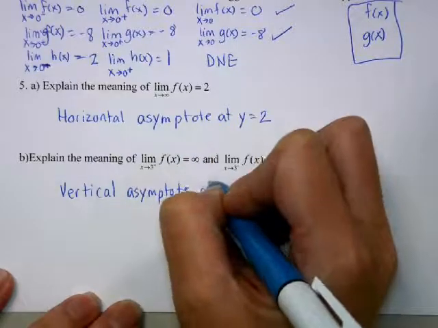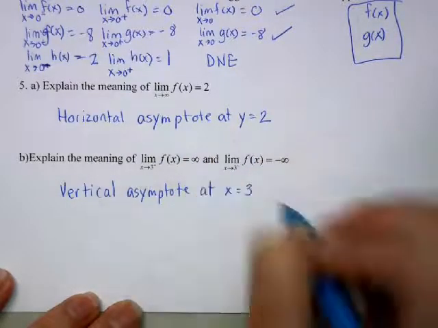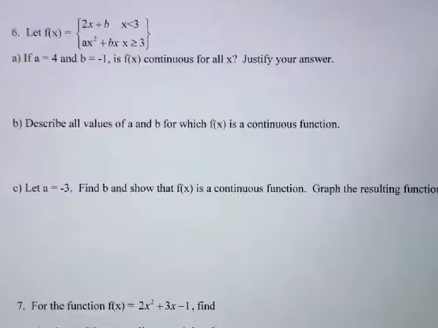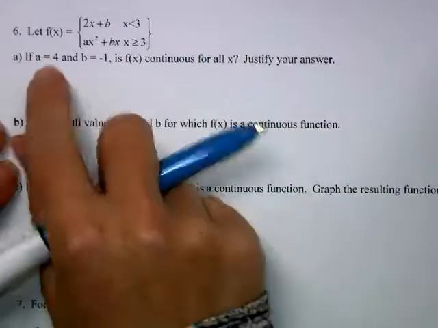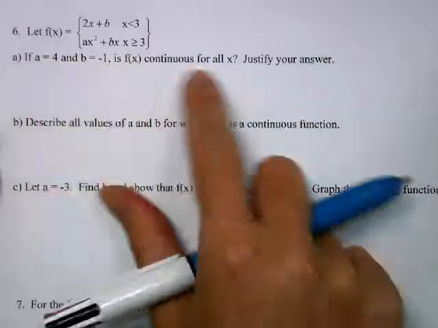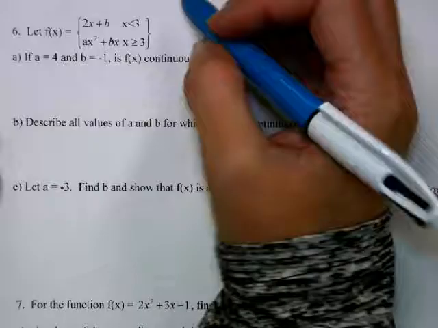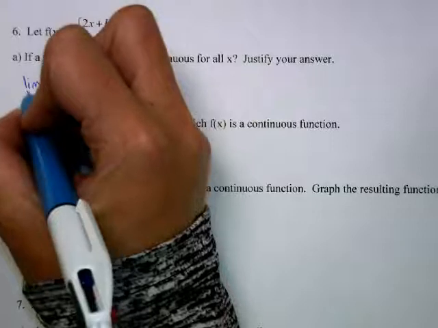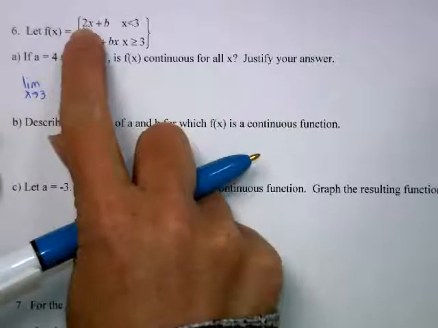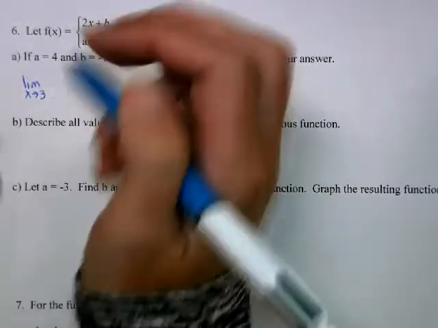Okay, so we've got this piecewise function with some a's and b's. It says if a is equal to 4 and b is equal to -1, is f continuous? Well, where we're concerned is at 3. So I'm going to look at the limit as x goes to 3 of this one with the value they gave us plugged in, so 2x minus 1. Well, that's going to be 2 times 3 minus 1, which is 5.